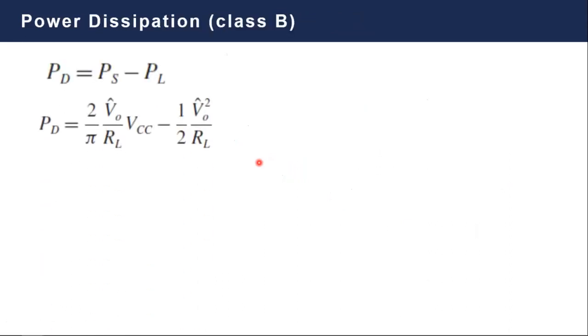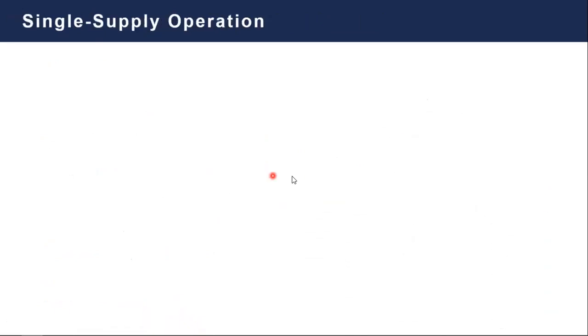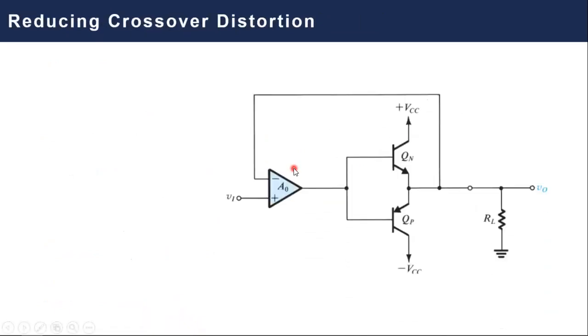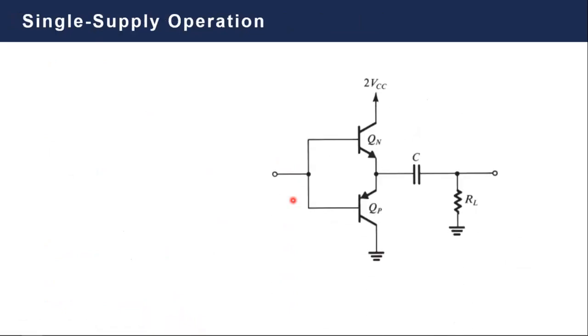One of these alternatives is what's called an op-amp or differential amplifier driven class B power amplifier. Also, we suggest another topology toward avoiding the mismatch in the supply, VCC and negative VCC, through using what's called a single supply operator.